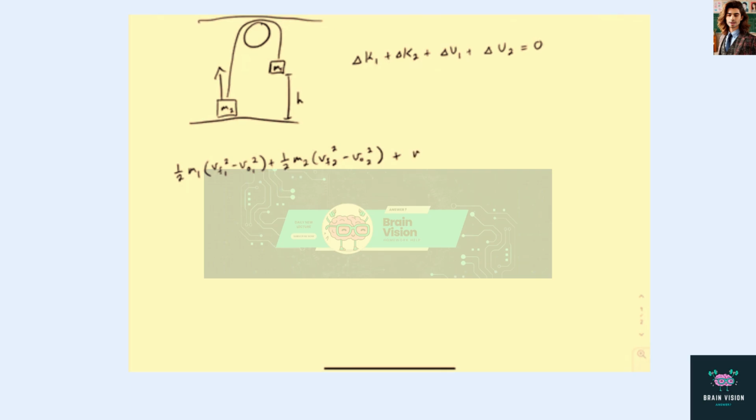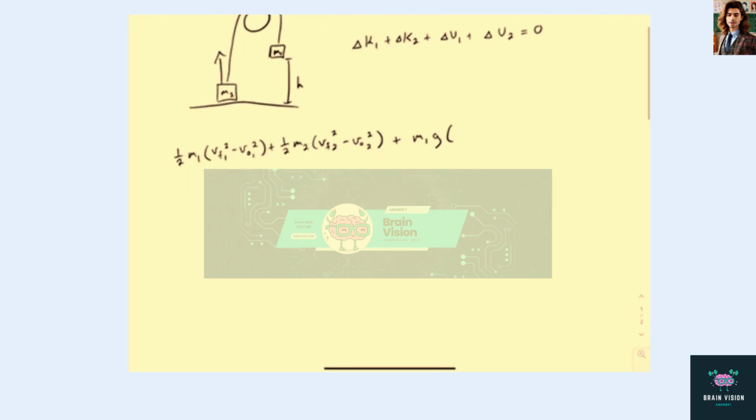The potential for 1 is going to be m1 times g times the change in height, so y final minus y initial. And then m2 times g times y final for 2 minus y initial for 2. That's all equal to 0.